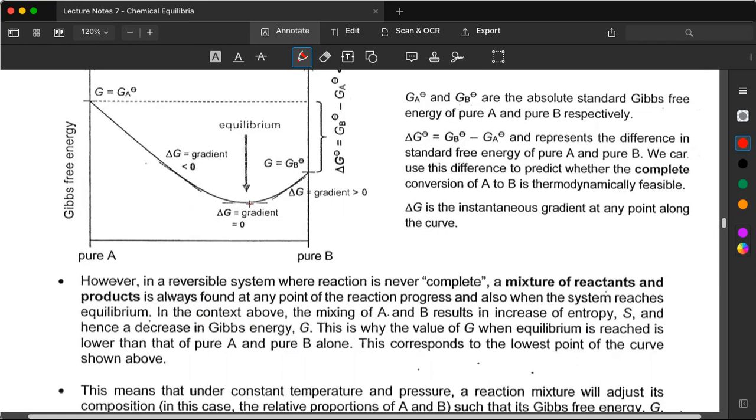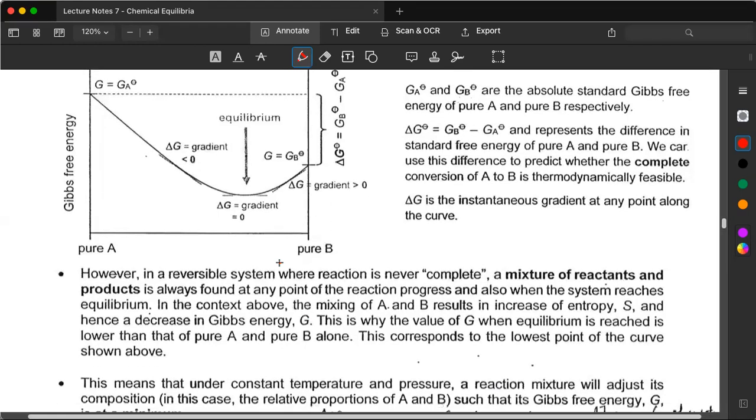The value of G when equilibrium is reached must definitely be lower than A and B when pure, because the more negative, the more favorable. So equilibrium is the most favorable condition.